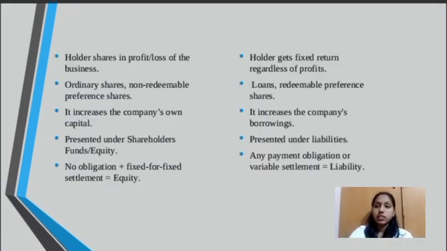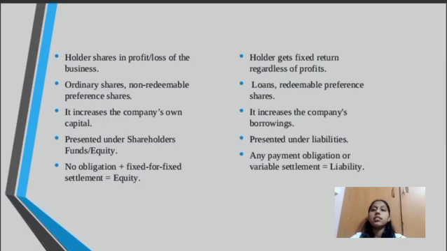Under equity instrument, the sixth one is that the holder shares in profit and loss of the business. Equity shareholders are the real owners of the company, and the return depends upon company performance.